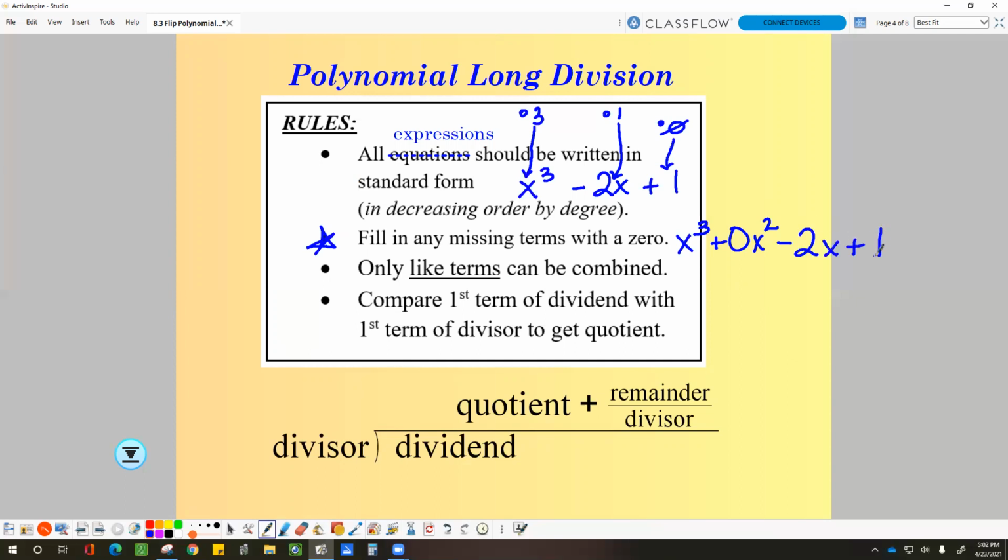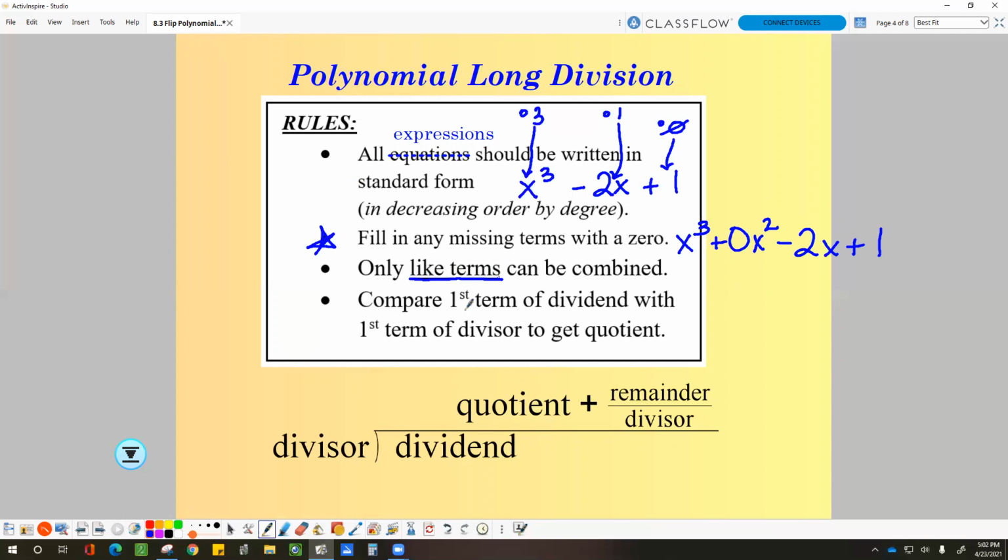The reason we do that is it helps when you're combining like terms to make sure there's something that will line up with each degree. I can only combine like terms. That's not new. We already knew that.